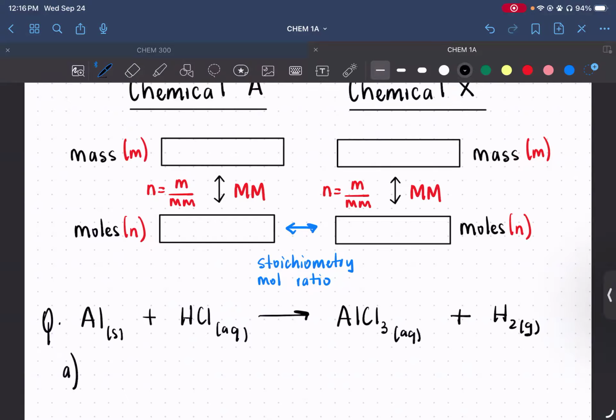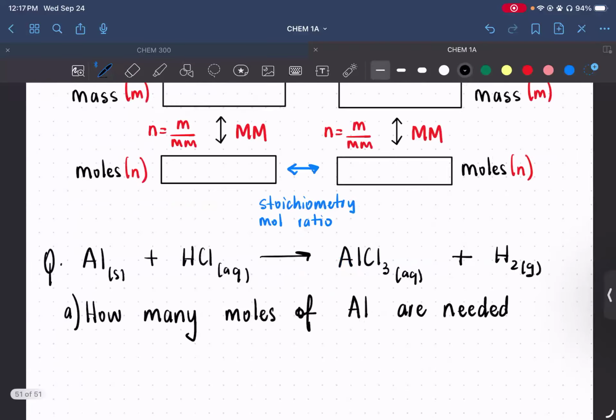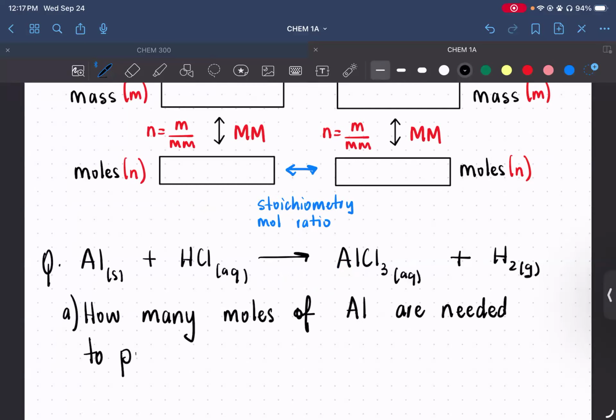First question asks, how many moles of aluminum are needed to produce 0.334 moles of AlCl3?